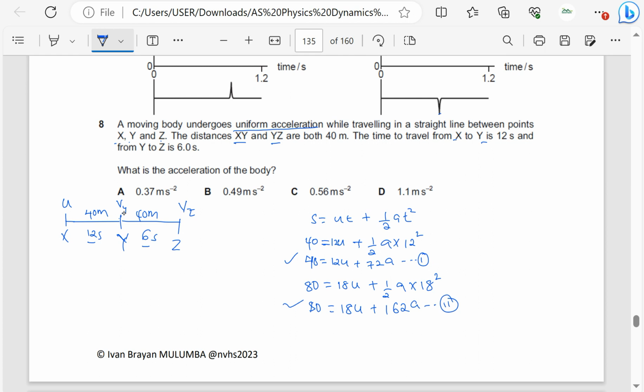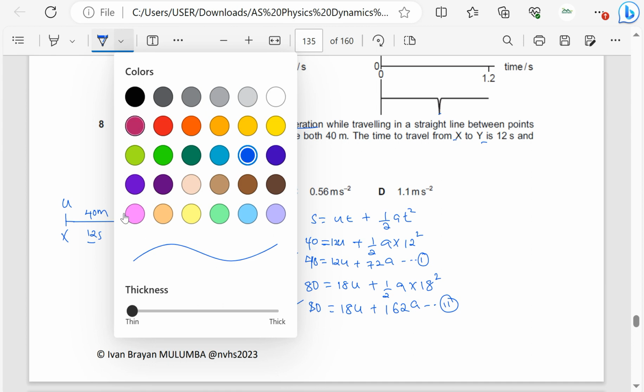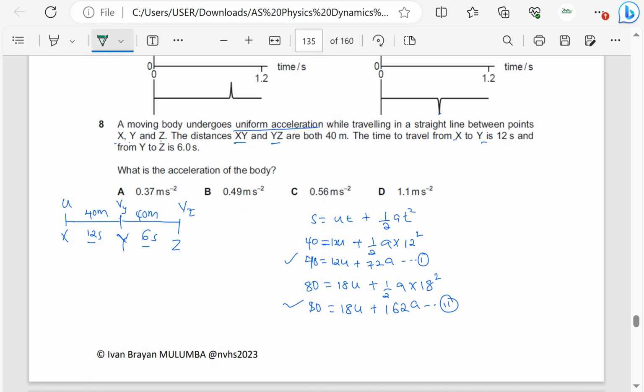Maybe the easiest way to solve these two equations is to multiply the first equation by 3 because I want to eliminate u.